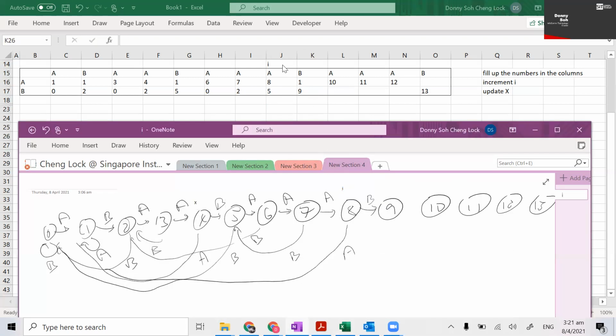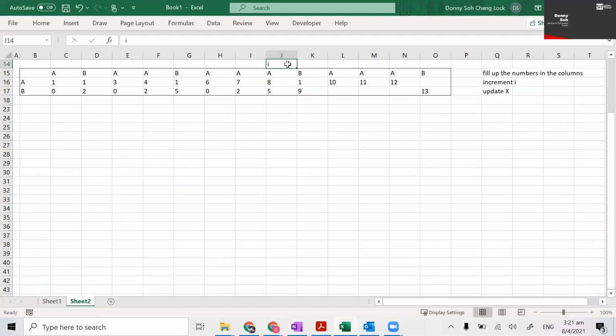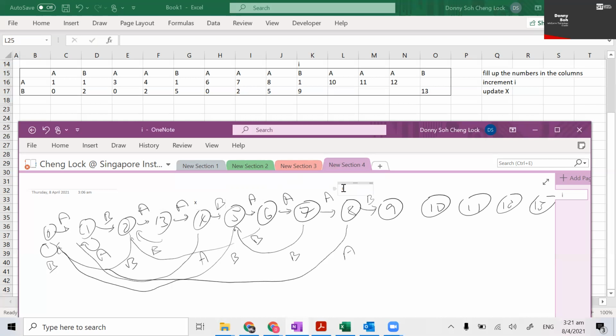So let's update our I. Now X. What will happen to X if I see the letter B? It'll go to state 5. I'll move this to state 5.